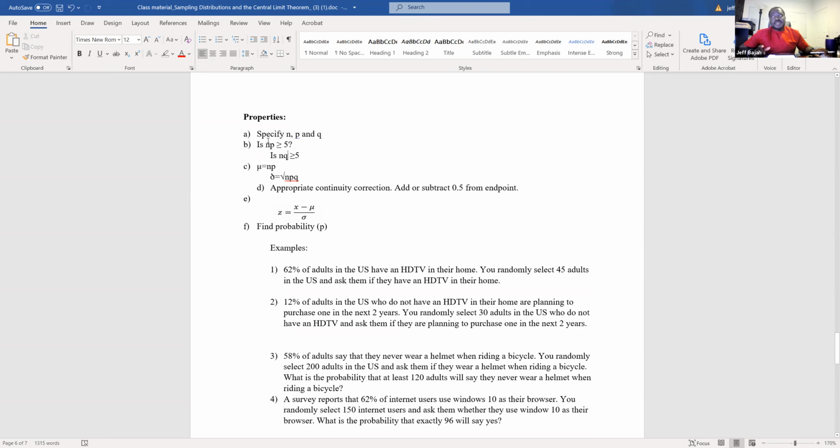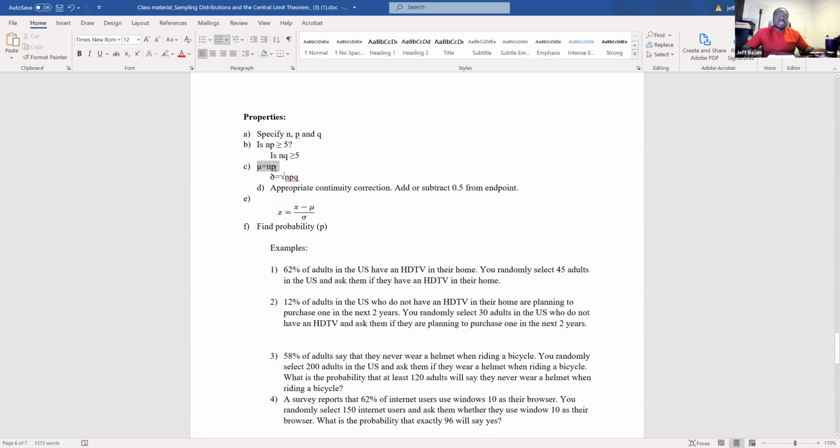We don't have the tools to show you, but if you look at it, when n times p is less than 5, it doesn't form a normal distribution. It only forms a normal distribution when you have 5 or more. That's why we do that. If it doesn't form a normal distribution, then we cannot use it to solve anyway. That's why this is a very important concept.